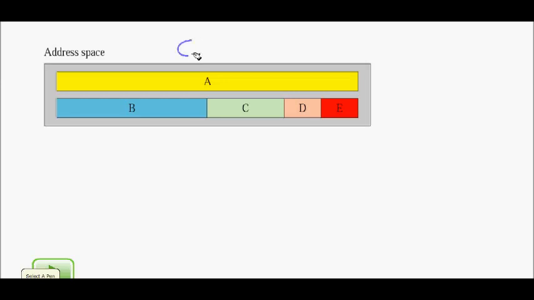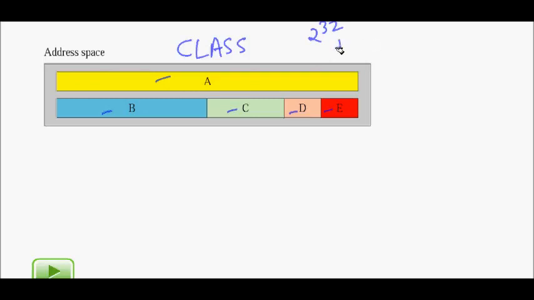Now we will see address space. What we are going to see is classes of IP address. We have 5 classes: A, B, C, D and E. These pictures basically represent the number of IP addresses in each one. We saw that we have 2 to the power of 32 addresses in total.